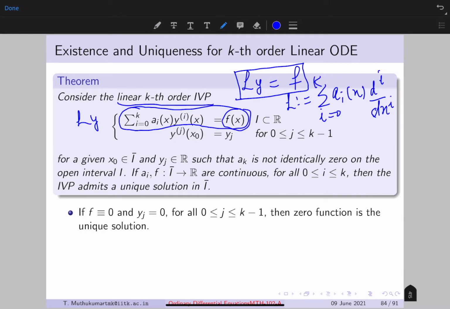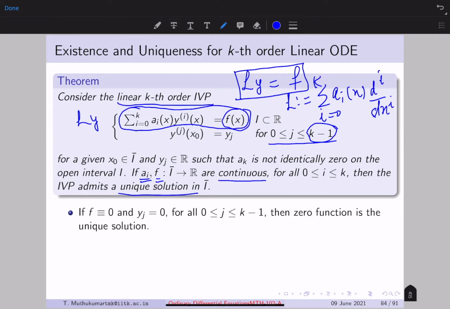Any kth order linear problem with initial conditions, and we have already mentioned that if you have a kth order ODE, you need k conditions. So you have k initial conditions, which give all information about y and the derivatives of y up to order k minus 1. So it's an initial value problem, and this theorem tells you that this kth order initial value problem will admit a unique solution if the coefficients a_i and the data f are all continuous.